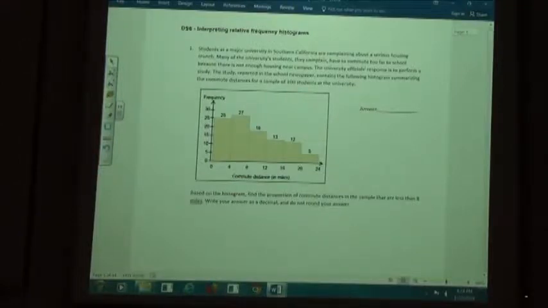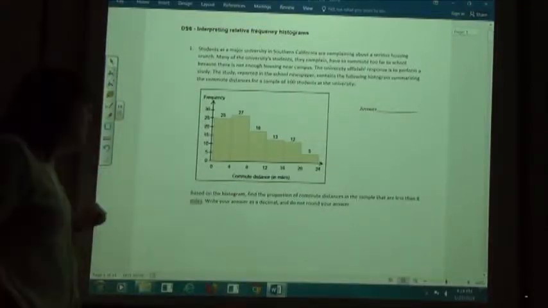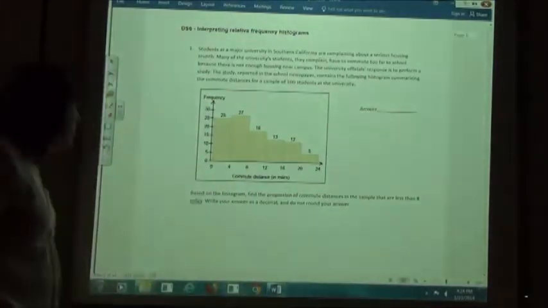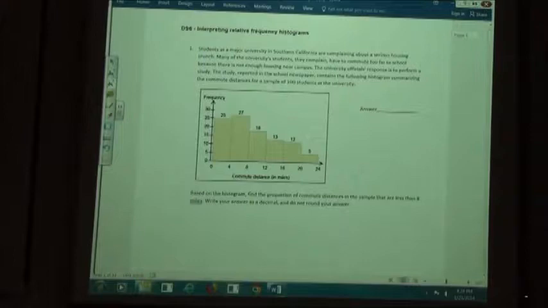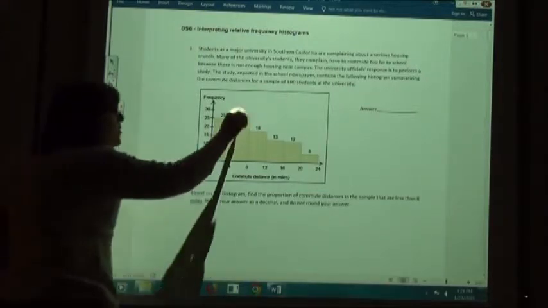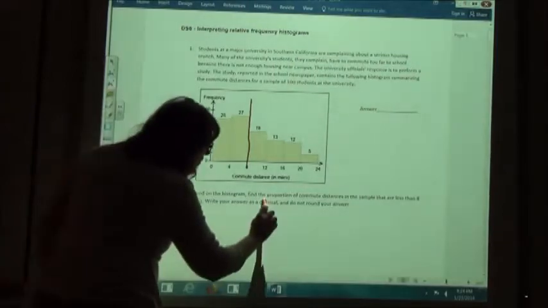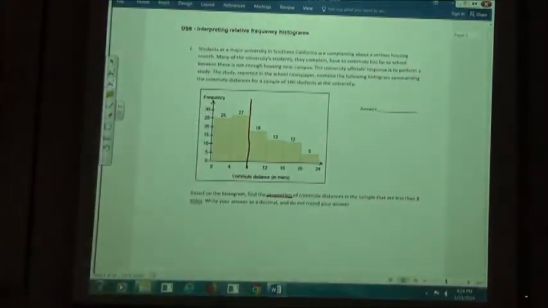We want to figure out, based on the histogram, the proportion of commute distances in the sample that are less than 8 miles. So if I'm doing less than 8 miles, when it tells me to find the proportion, I'm really finding the percent as a decimal instead of putting the percent sign in there.